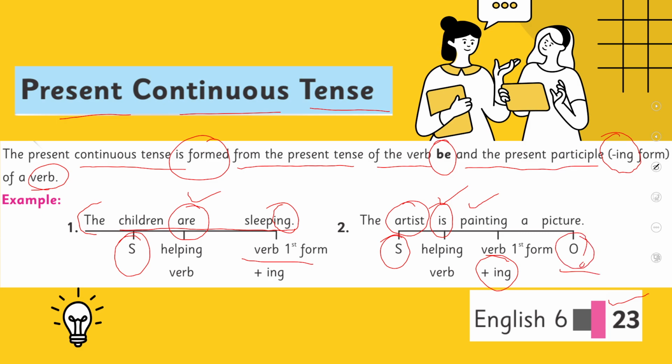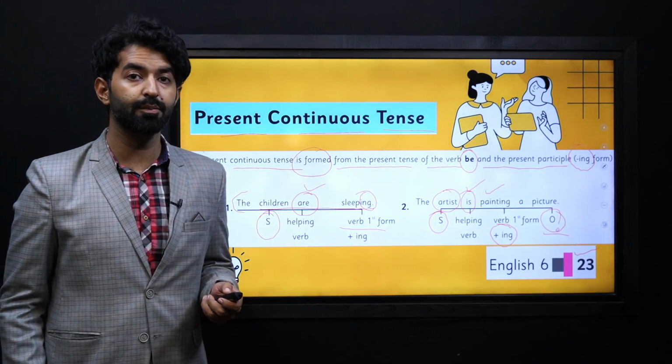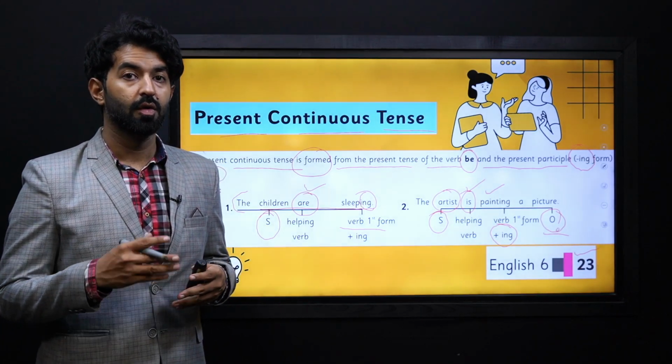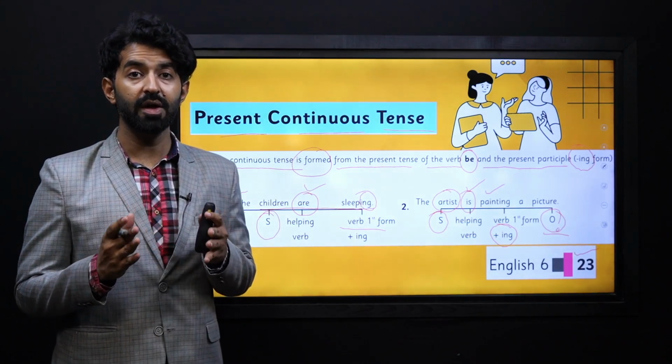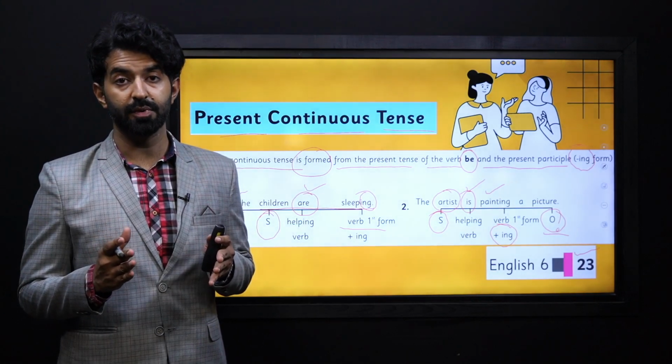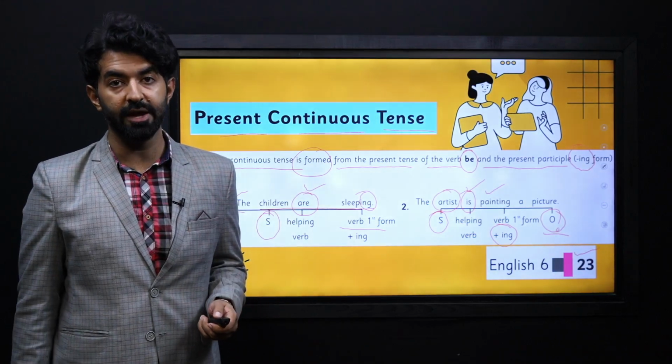There could be an object, there could not be an object, it doesn't matter. So this is how you form your present continuous tense. Now after looking at these two examples, we know that we use the first form of the verb with the participle ing to form a present continuous tense.